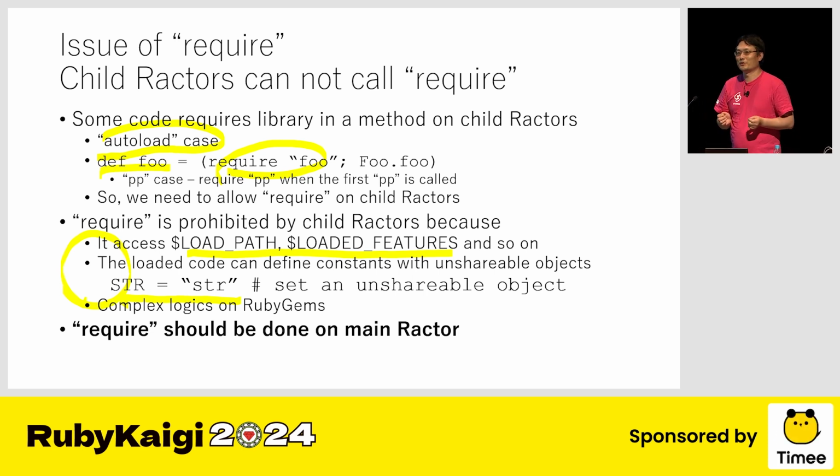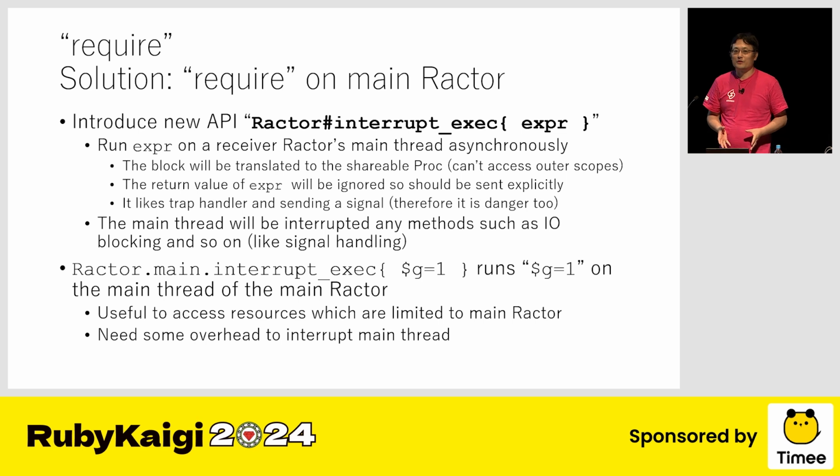To enable the require method on child Ractors, at first I want to introduce a new method, Ractor#interrupt_exec. This method invokes the expression on the receiver Ractor.